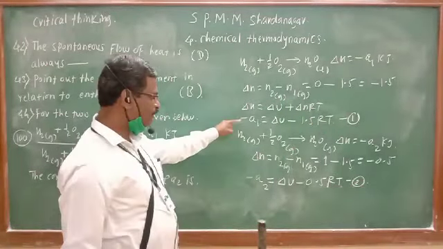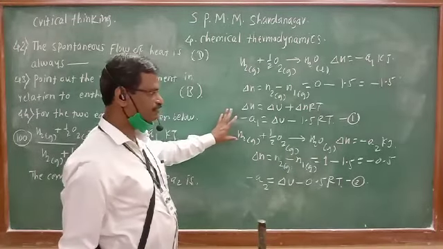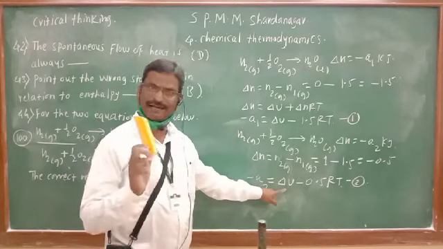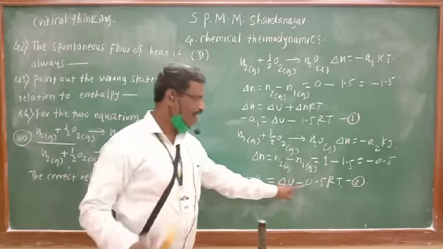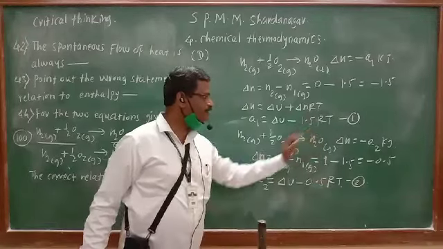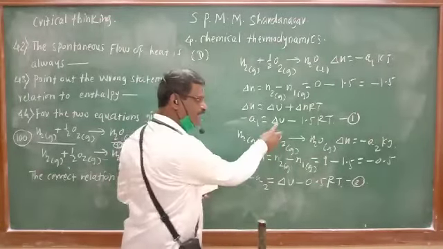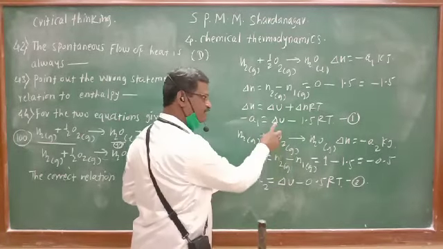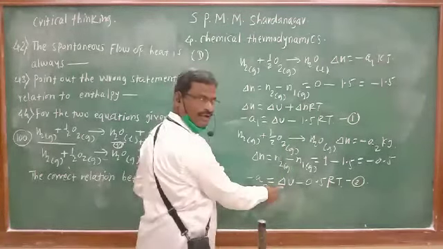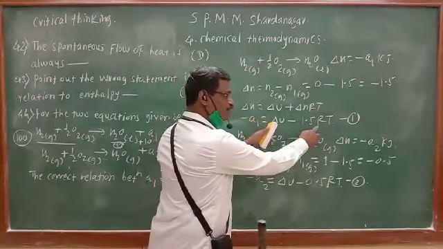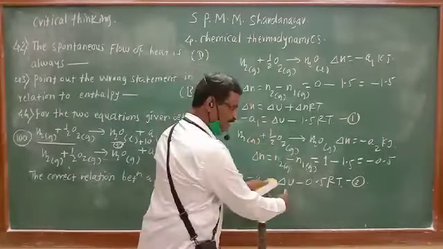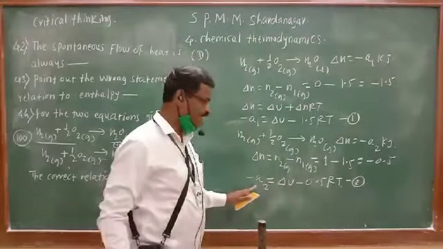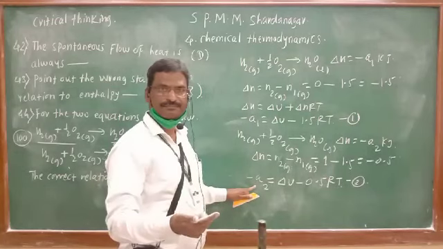Compare A1 and A2. Which answer is greater? This answer will be greater. Is it right? R and T are constant. See, this is 100. This is also 100. Let us consider this is 100. Here also 100. 100 minus 1.5 RT and 100 minus 0.5 RT. Which answer is bigger? This answer is bigger.